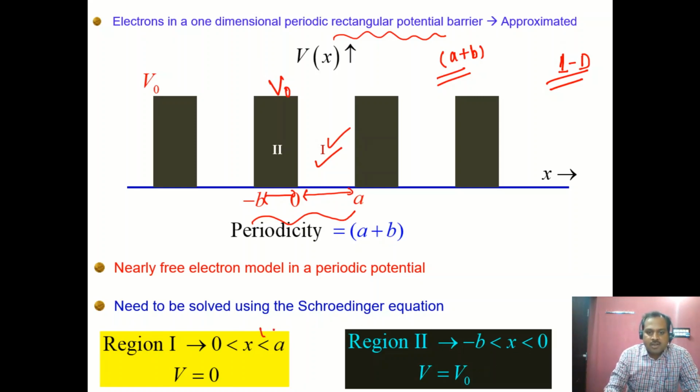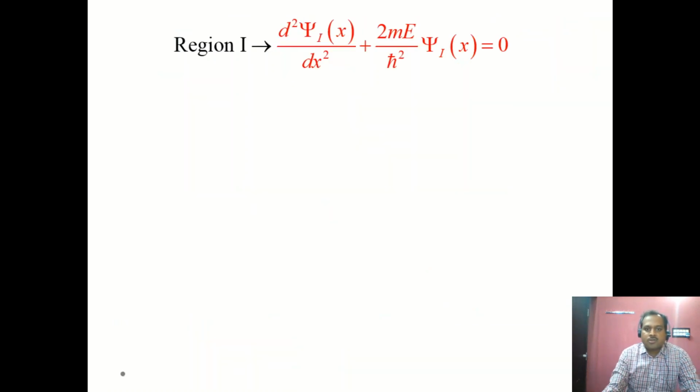And let us write down the Schrödinger equation in these two regions. Obviously in region 1 it will be the Schrödinger equation for a free particle, that is d square psi 1 by dx square plus 2mE by h cross square psi 1 of x is equal to 0. In this case the potential is 0, so that is why it takes the form of a free particle.